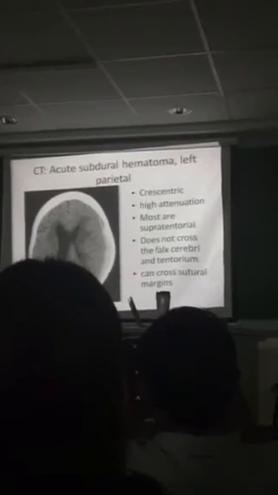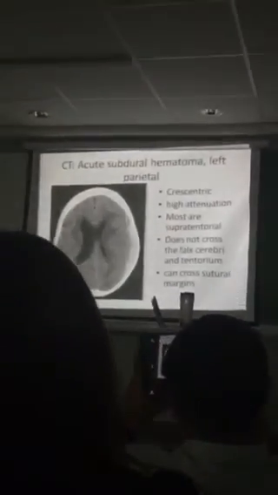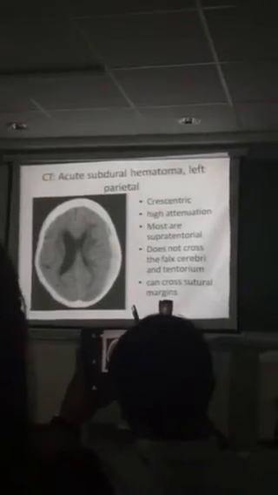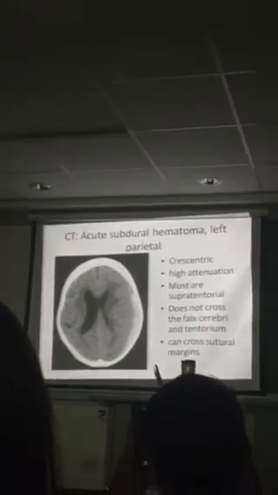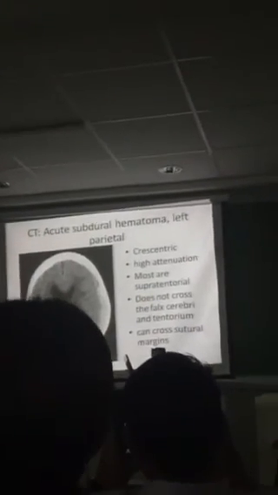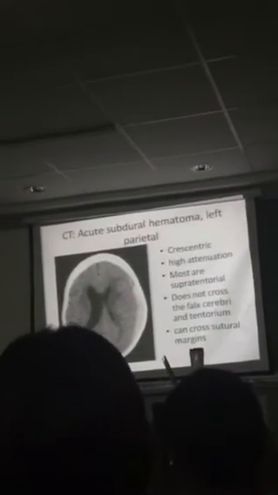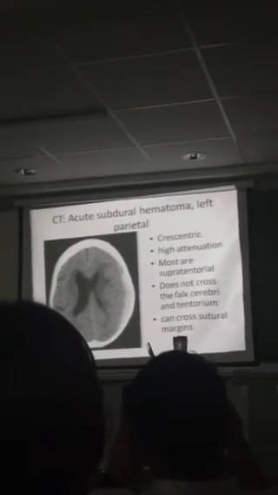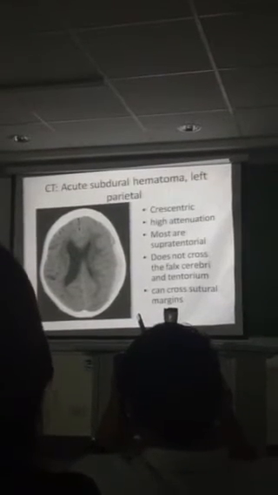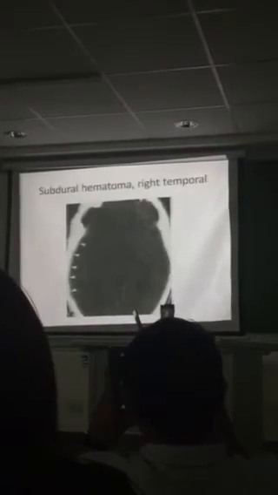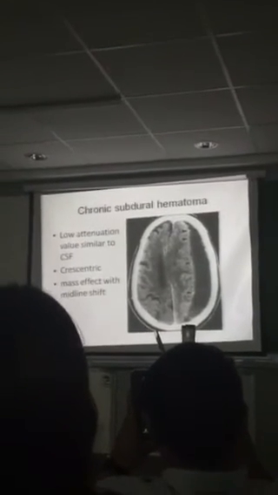As for subdural, crescentic. Both are high attenuation, meaning white. It does not cross the falx cerebri or tentorium. So this is our falx cerebri, it only goes up to here. Usually on one side only, but can cross the sutural margins. So those are their differences.